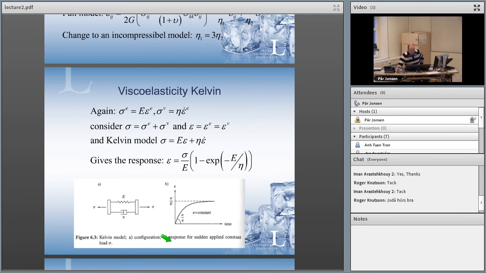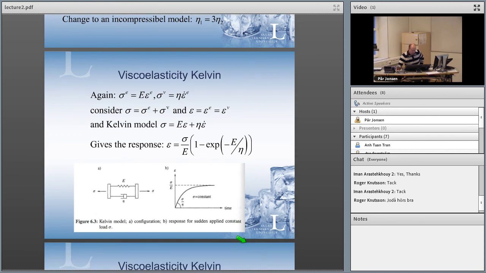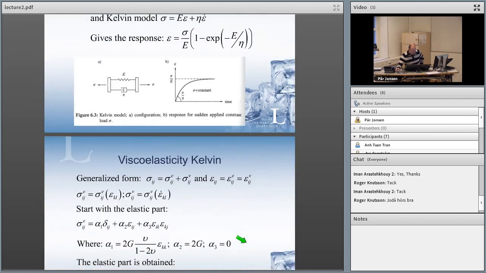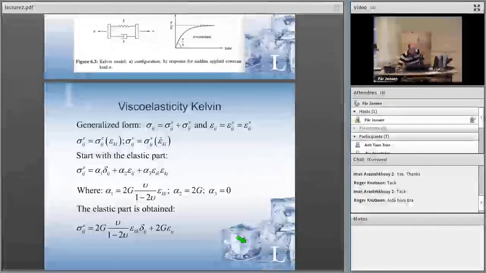And this one you can directly evaluate. You just isolate the strains in the system. You have to put in the exponential function like this. Then you have the strain response in the system. If you know this eta, then you can find it directly in one dimension. It's straightforward. But you can also generalize it to have a full tensor model instead.